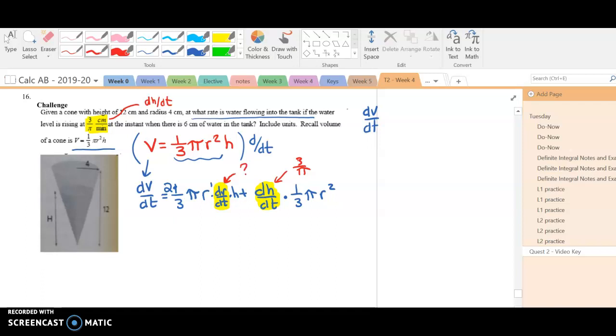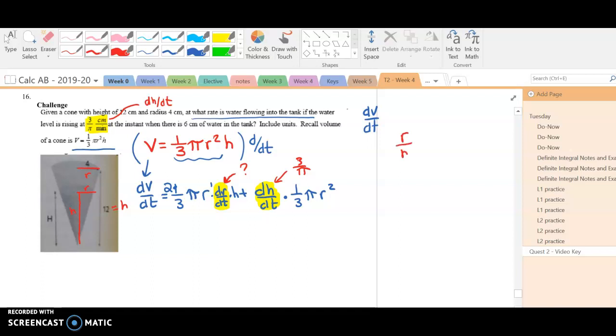They have been giving us this picture, which is the radius is 4 and the height is 12. And that's at that particular full instant, but along the way r can be anything and h can be anything, and they're proportional. So I can set up the proportion.